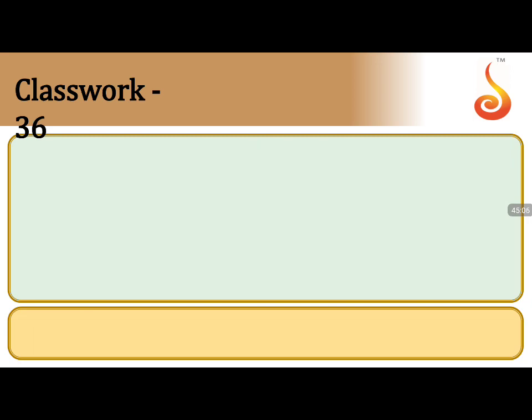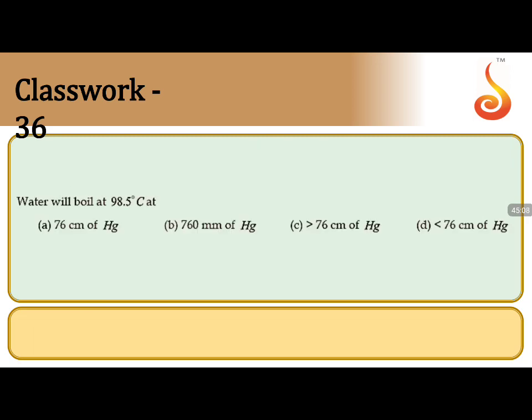So moving to 36, what is the boiling point of water? 98.5. If it is 98.5, what would be the external pressure? We know boiling point is the temperature at which vapor pressure is equal to atmospheric pressure. So if external pressure is 1 atmosphere, it is 100.